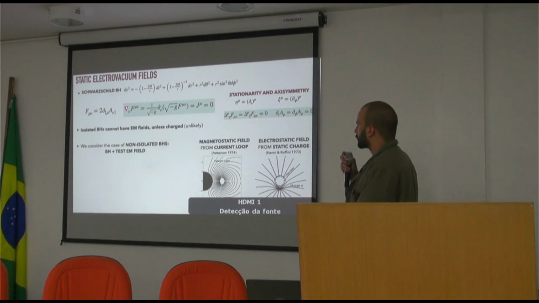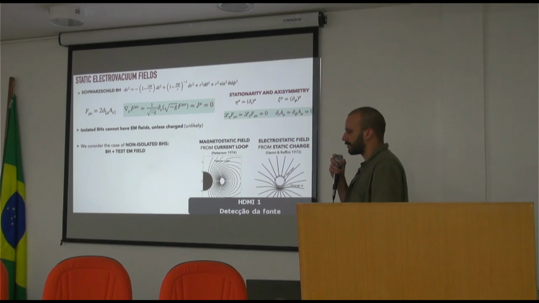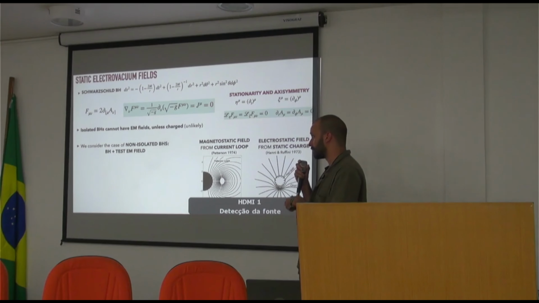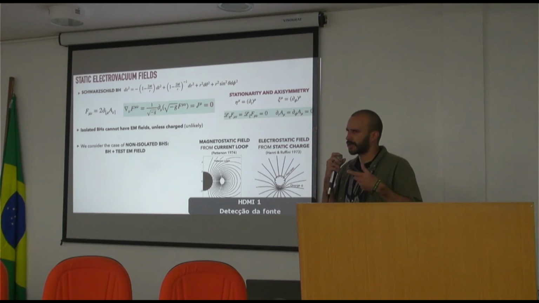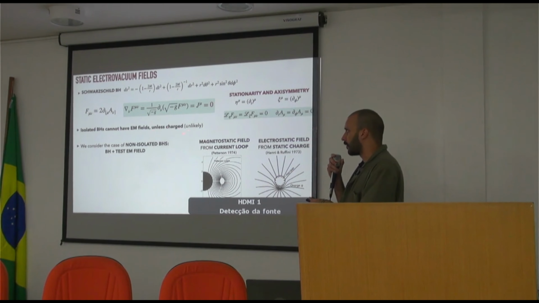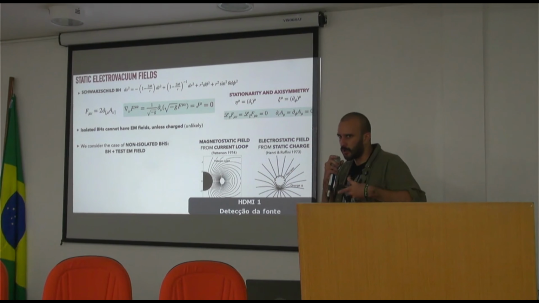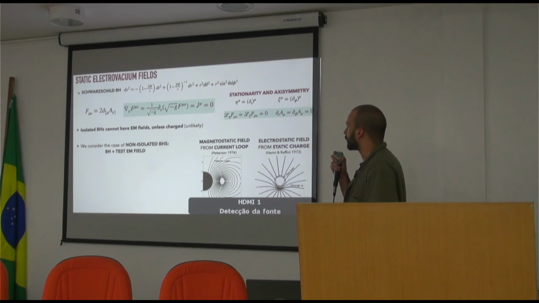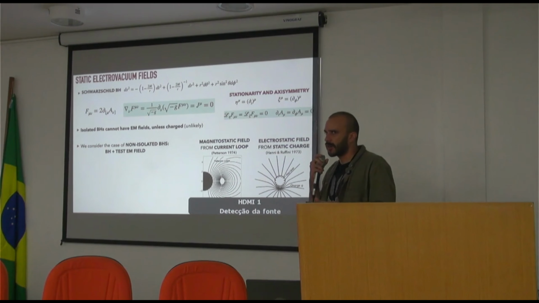First of all, we have said isolated black holes cannot have electromagnetic fields, or better, they can have them if they are charged, if the Einstein equations are coupled with the Maxwell equations, but this is not the case in astrophysics. The only possibility then is that the black hole is uncharged. This is the most likely scenario, and this is the case that we consider. Moreover, we will consider, in this case, non-isolated black holes.